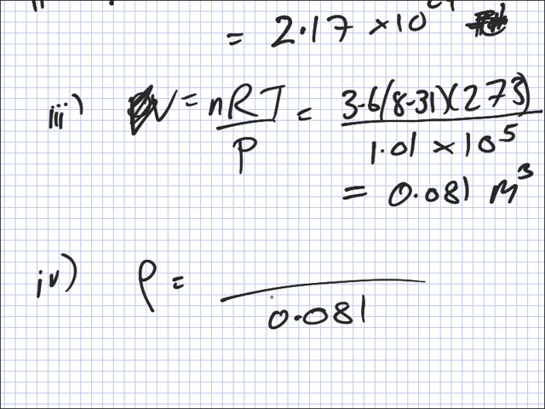I think that means one mole of oxygen is 16 grams. It sounds about right on your periodic table. So is it just 0.016 kilograms times 3.6 over 0.081?